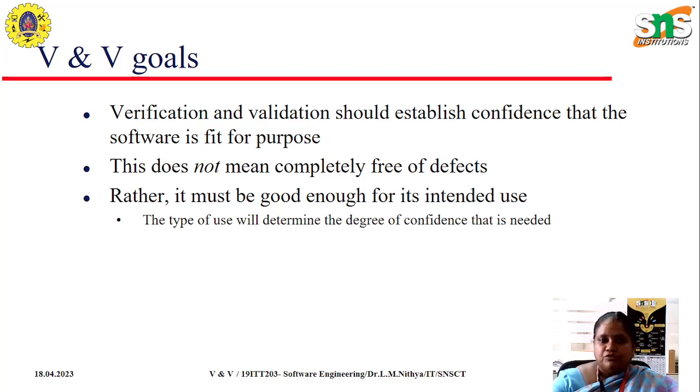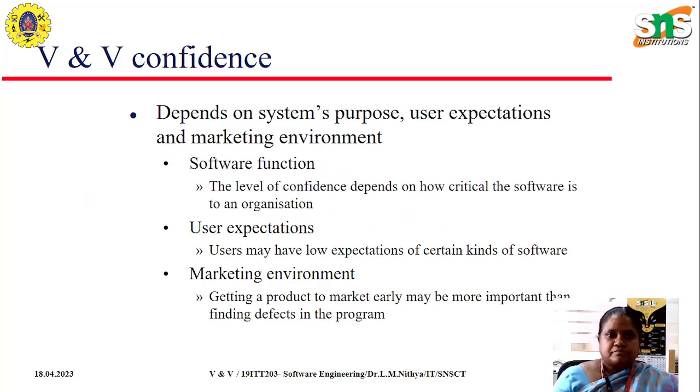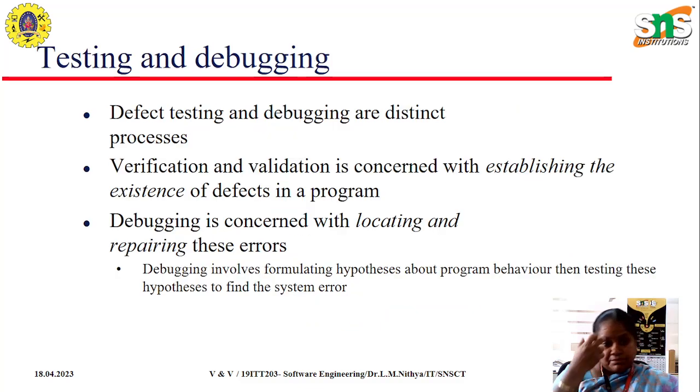The type of use will determine the degree of confidence that is needed. This verification and validation process is so important that it establishes the confidence with the user, and it depends on the system's purpose, user expectation and marketing environment. So software functions, user expectation and marketing environment factors are checked during the verification and validation process.